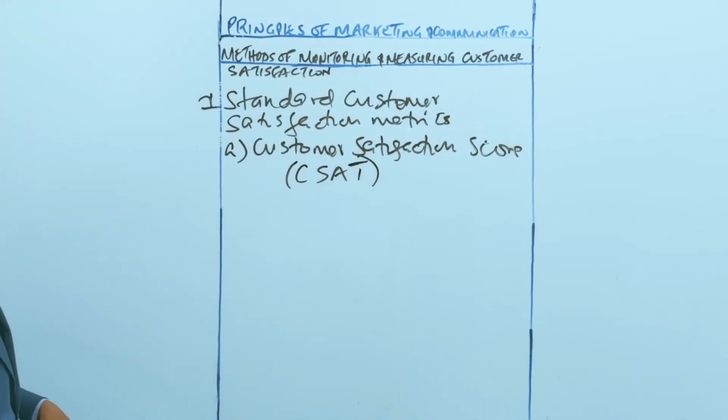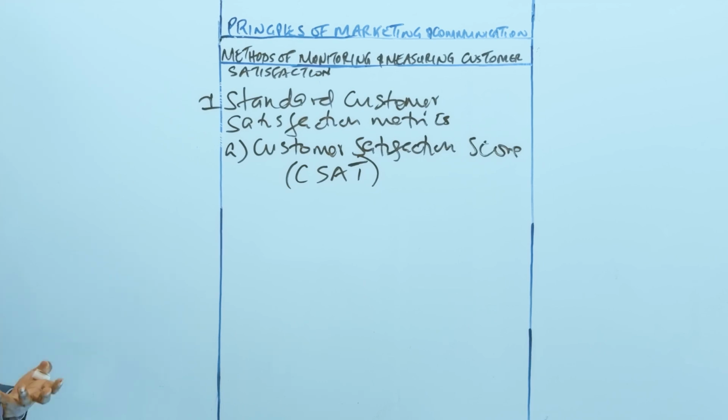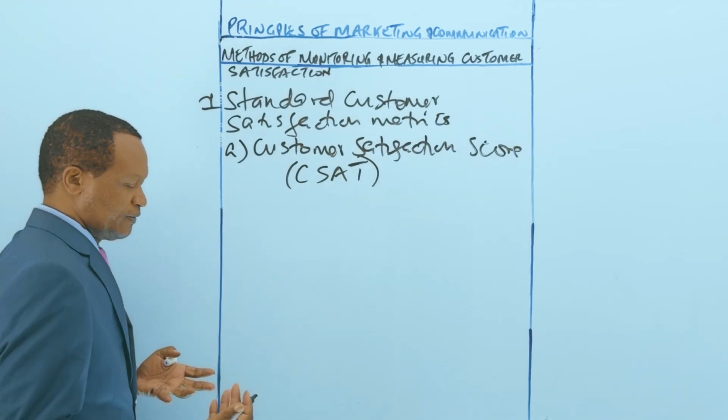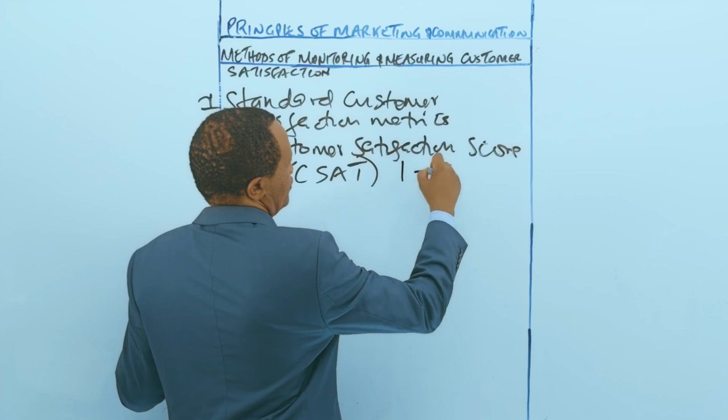The customer satisfaction score asks a simple question: how satisfied were you with your experience today on a scale of, say, 1 to 5?